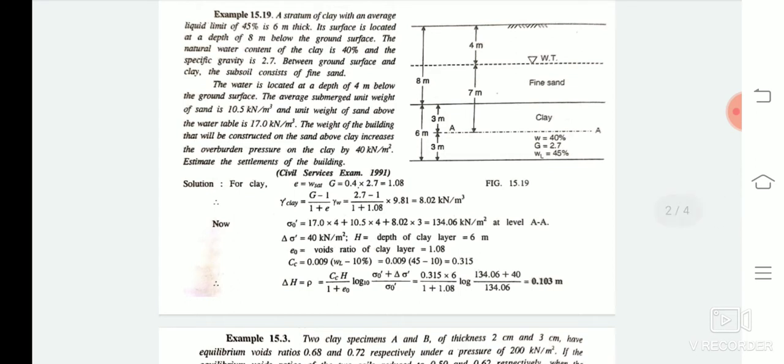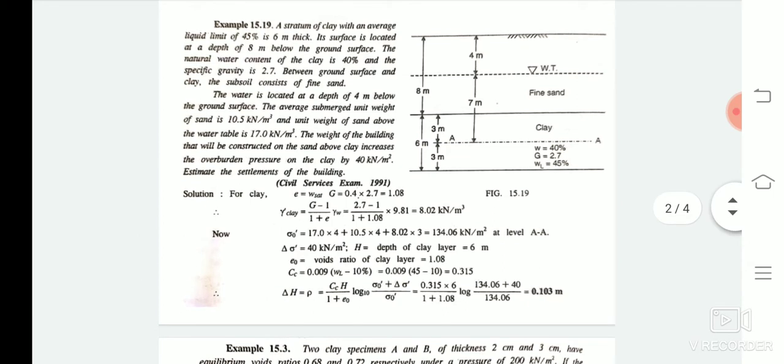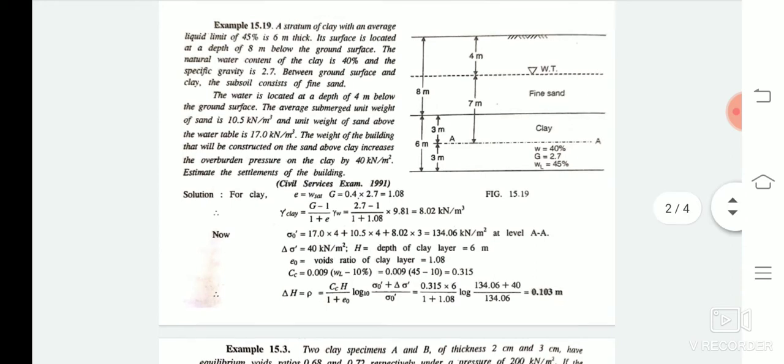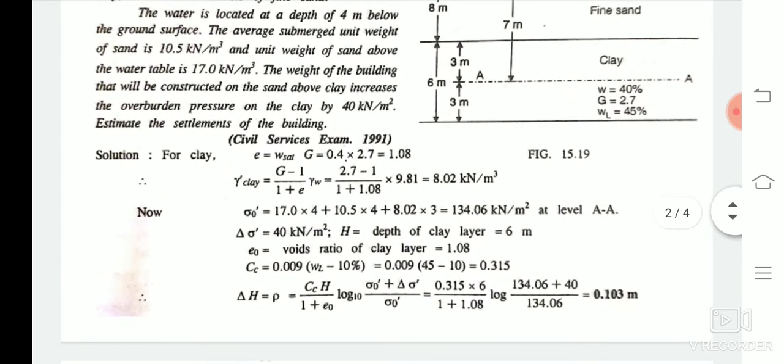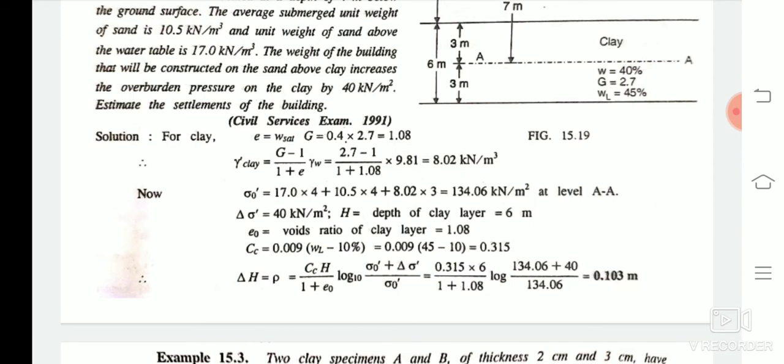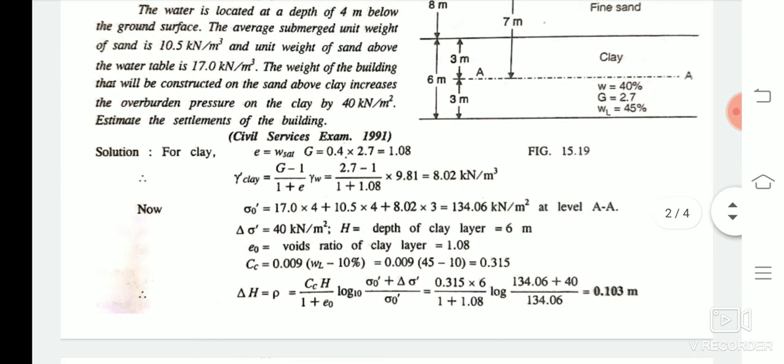So let us solve the problem. First of all, we need to find out the value of void ratio of the soil. As you have studied in soil mechanics 1, we have the following relationship for void ratio, degree of saturation, water content, and specific gravity. This equation is given as e S = w G. Since the soil is saturated, we can consider S as 1 or 100%.